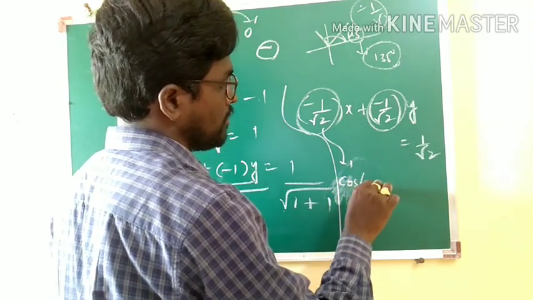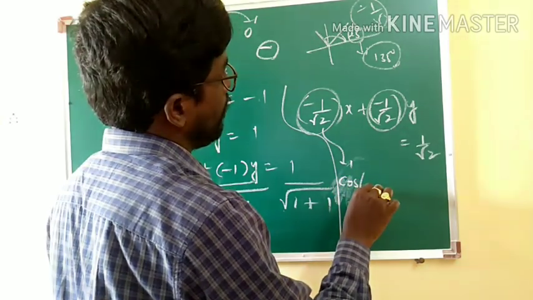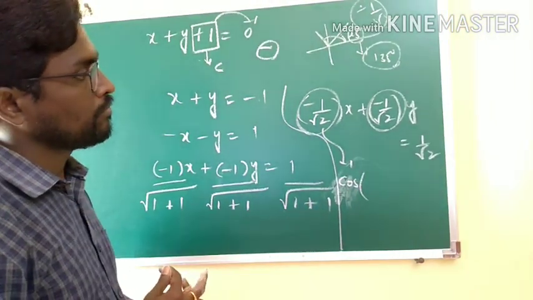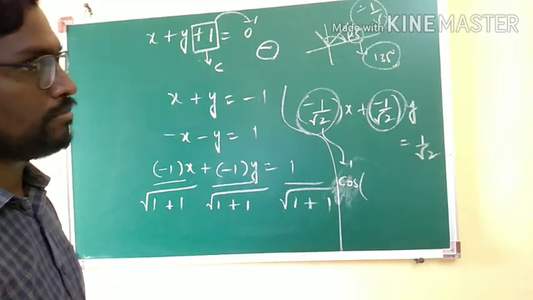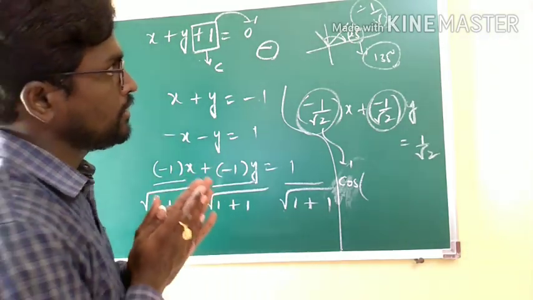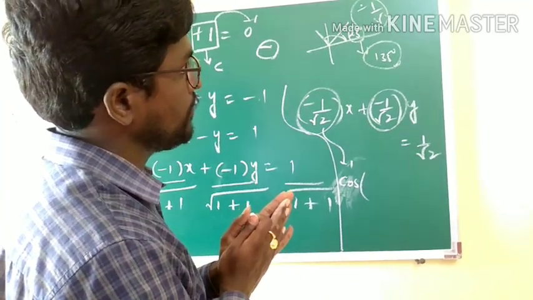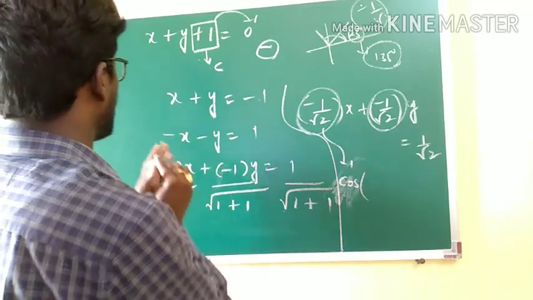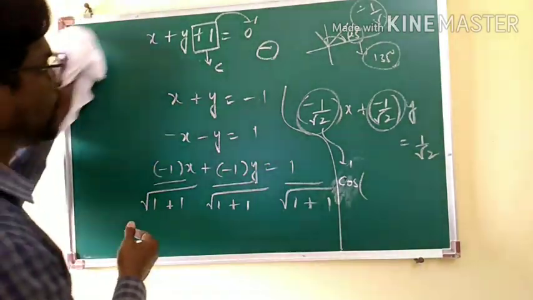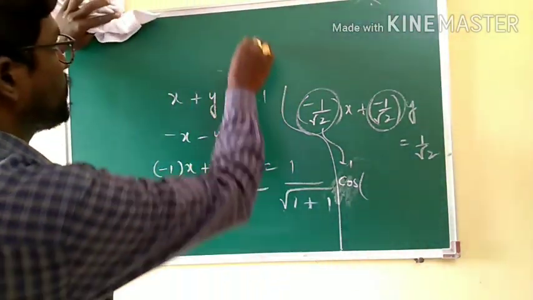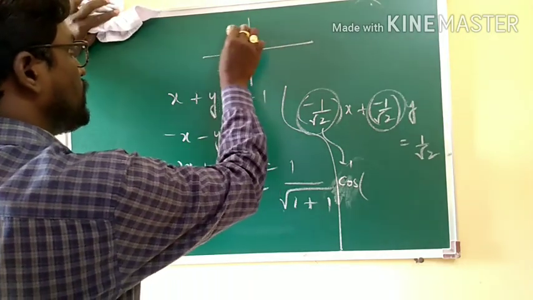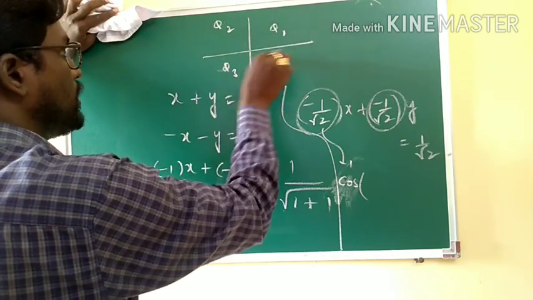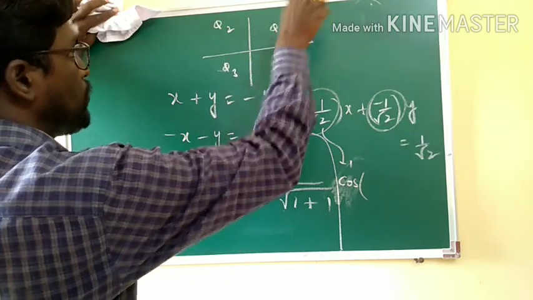Therefore, this 1 by root 2 can be written as cos. Watch carefully. Here when theta lies in quadrant 2, according to trigonometry, quadrant 1, quadrant 2, quadrant 3, quadrant 4: here all the ratios are positive.